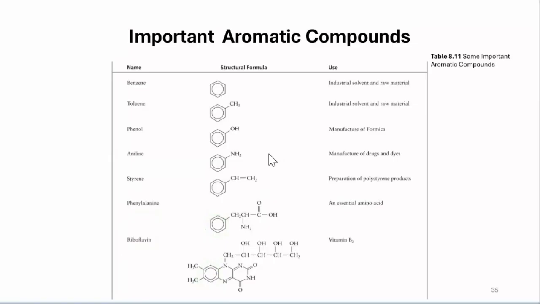But the only other structure that I want you to remember how to name and draw is when you have a benzene ring connected to a CH, double bonded to a CH2, that is known as styrene. Polystyrene is a polymer of this molecule and is actually utilized to make different plastic products.